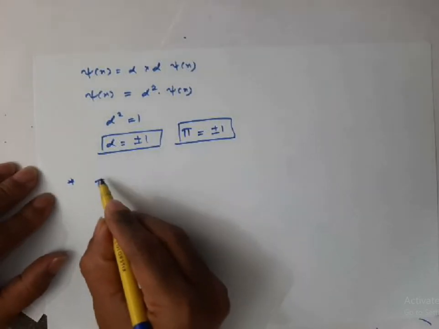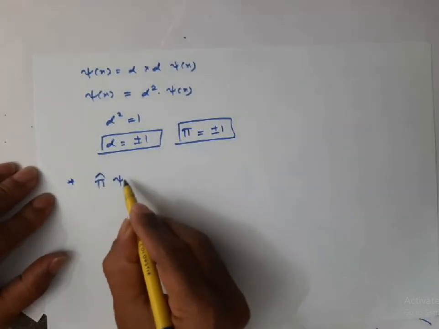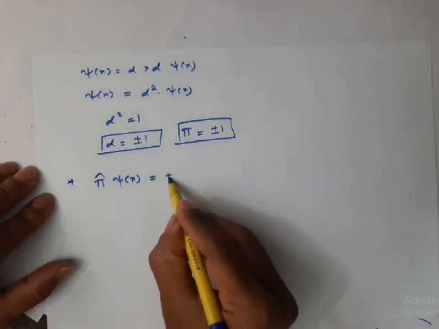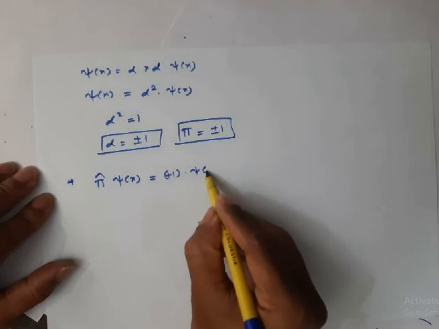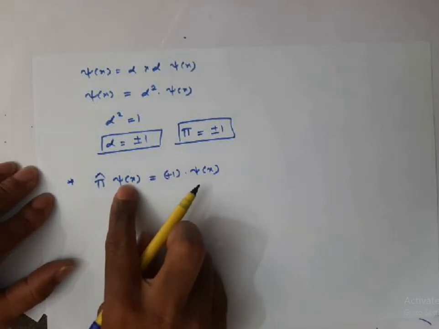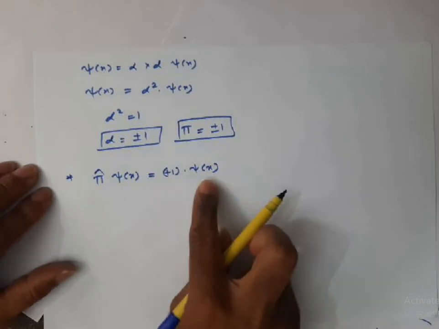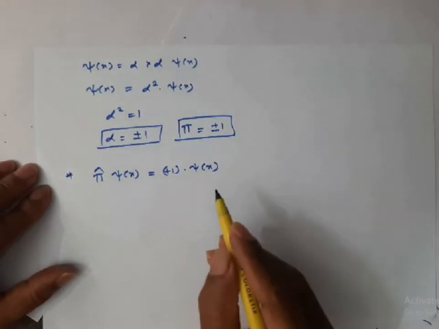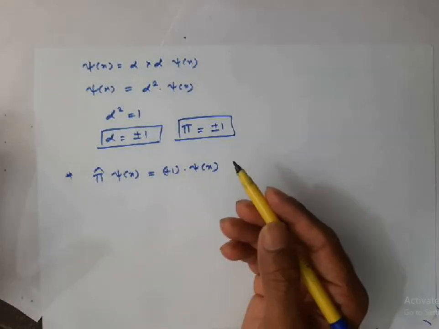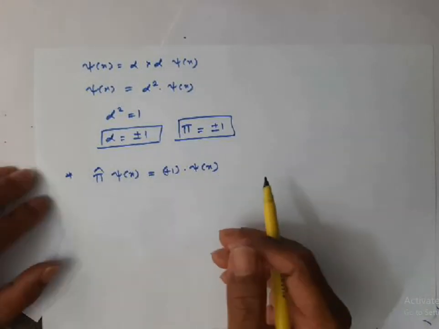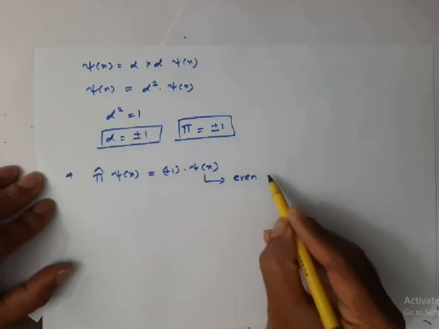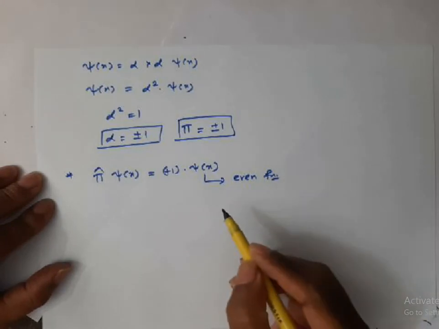Suppose I apply a parity operator on an eigenfunction psi of x, and I get the eigenvalue +1 and the same function psi of x. Then we can say that the function has even parity, or you can also call this function an even function. What is an even function?